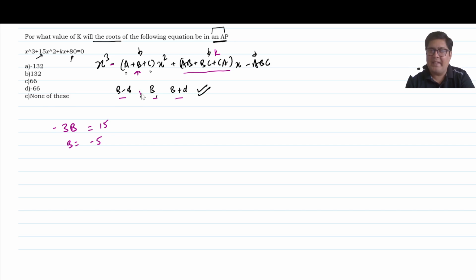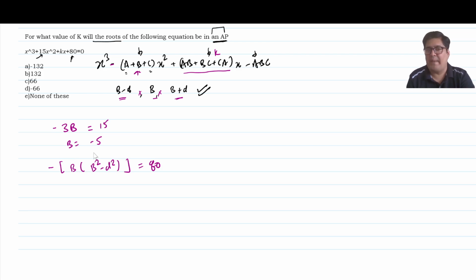When I multiply these roots, I should have the last term. Look at the sign in front of that. The sign is minus. So here, minus of B into B square minus D square. How did we get this? B minus D into B plus D will turn into B square minus D square. It should be equal to 80.